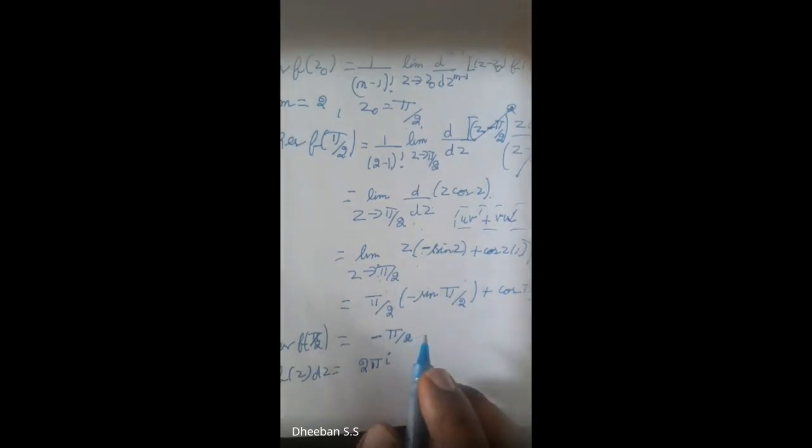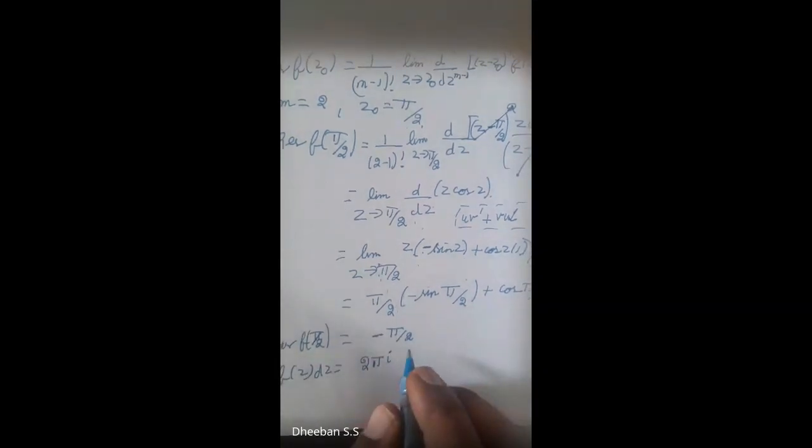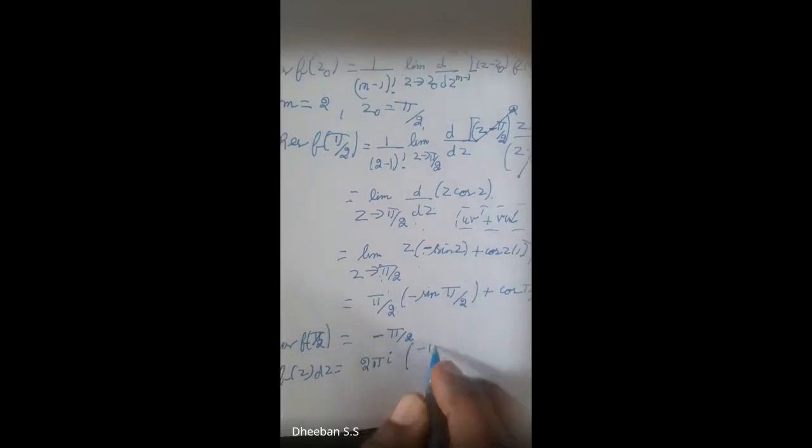Putting the sum over here, it will be 2 pi into minus pi by 2.